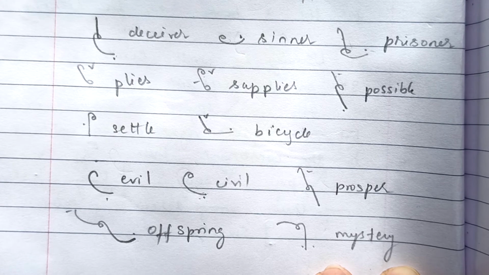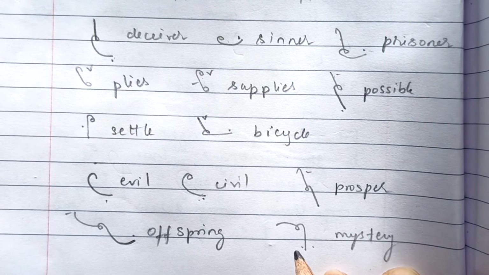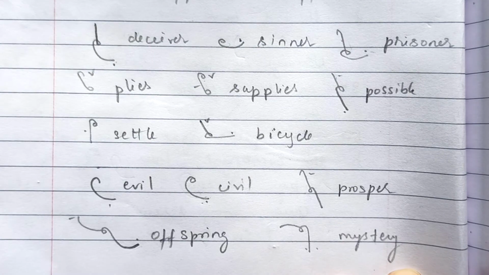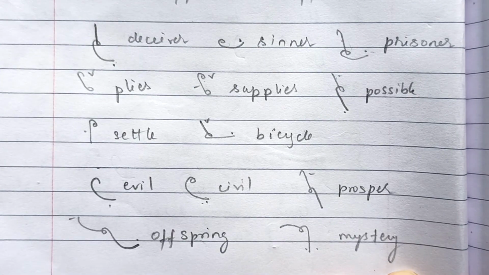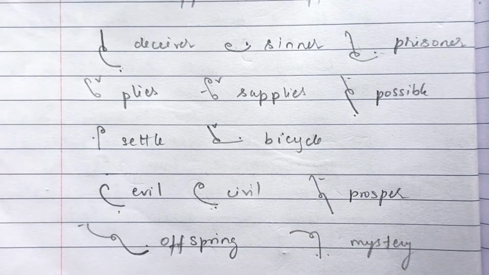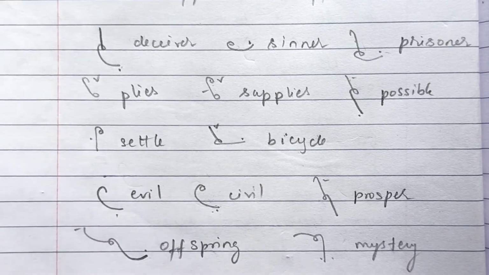So this is how we can write the circle as well as the hook for the stroke consonants in order to give all the sounds of this circle as well as the hooks.